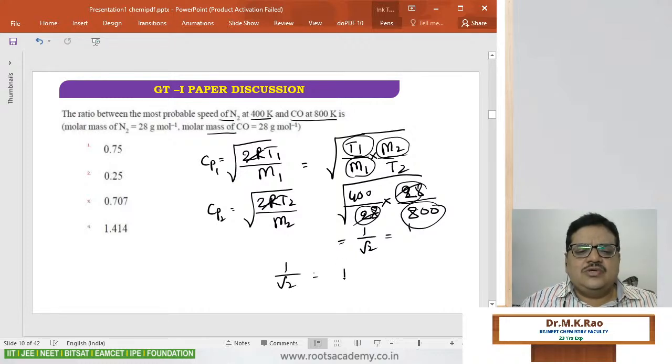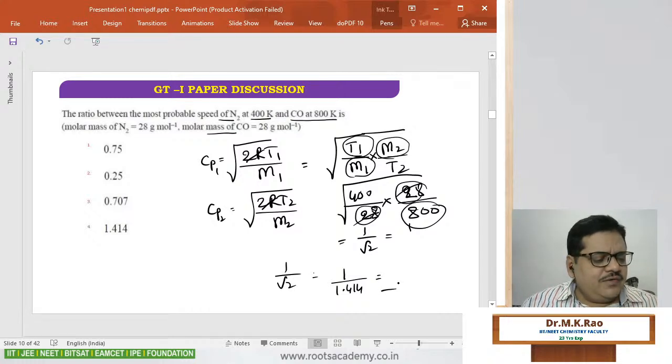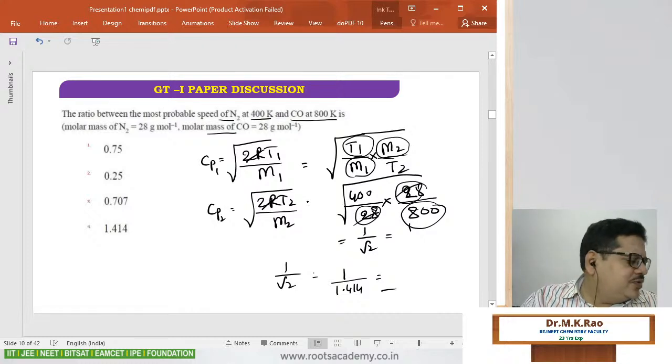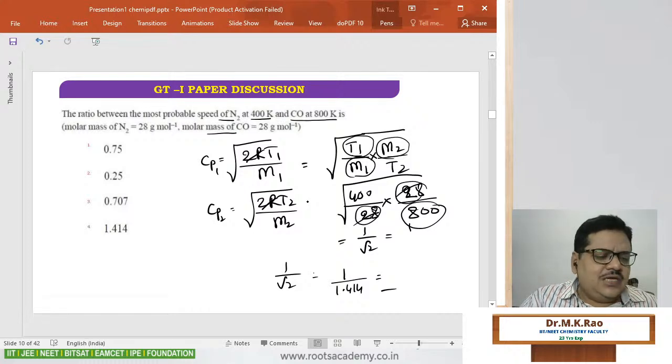Confirm. So it is equal to 1 by 1.414. That should be your option. We are expecting the same option, but here the answer is not matching.